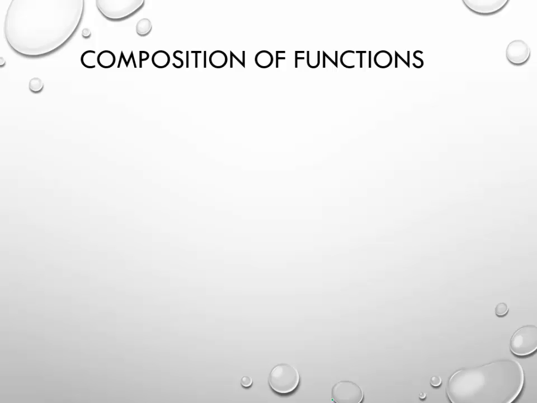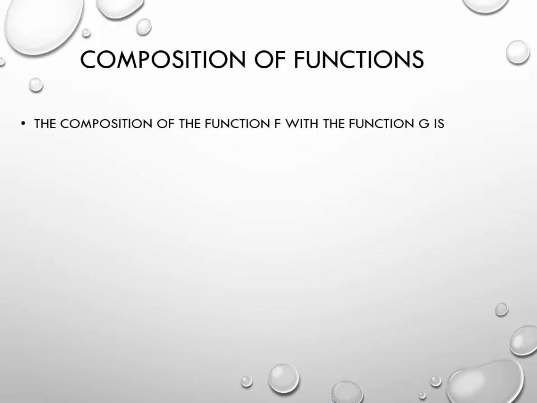Good stuff. Anyway, so the composition of a function, let's say f and g, is to take the expression the function equals and to insert it in for x of the other function. Okay, so f of g, that's what that little symbol there is. F of g of x is the same thing as stating f in parentheses g of x.